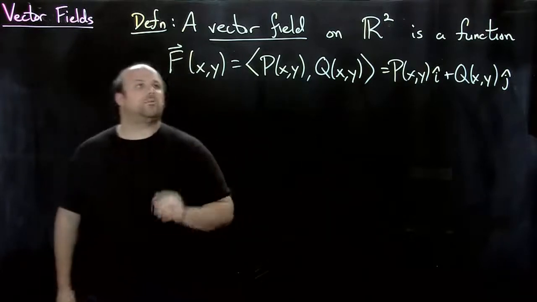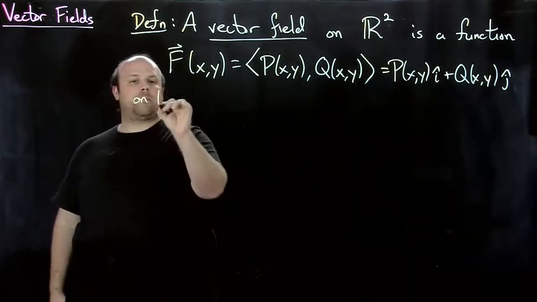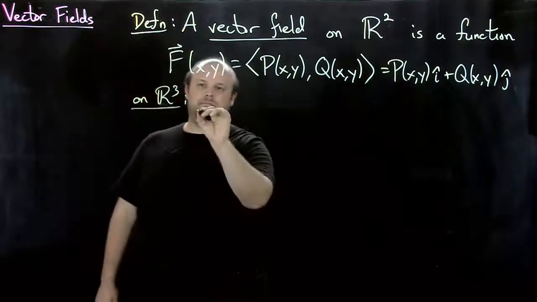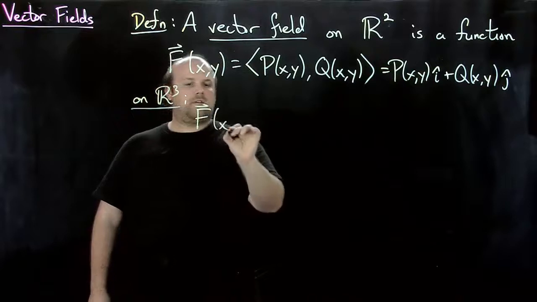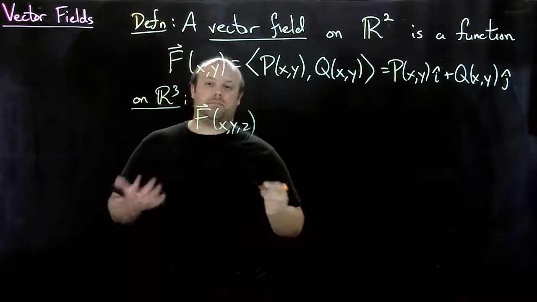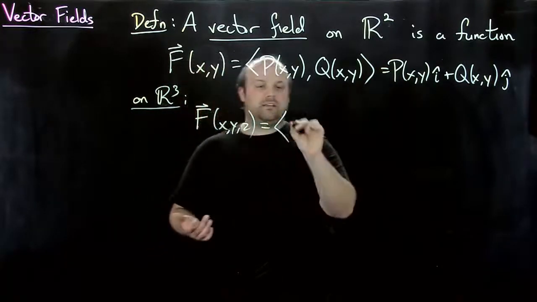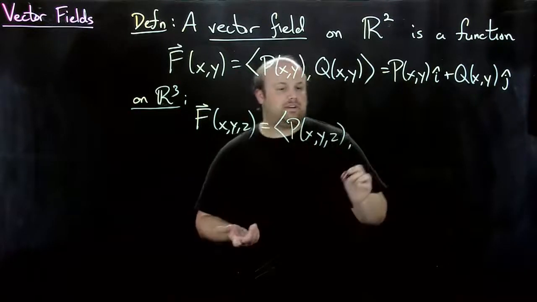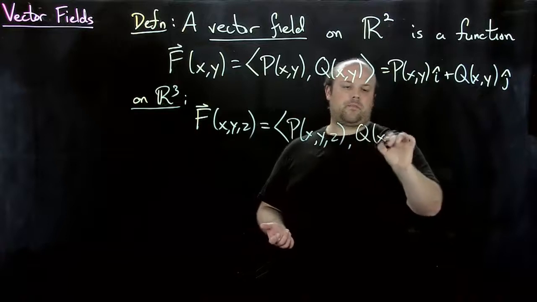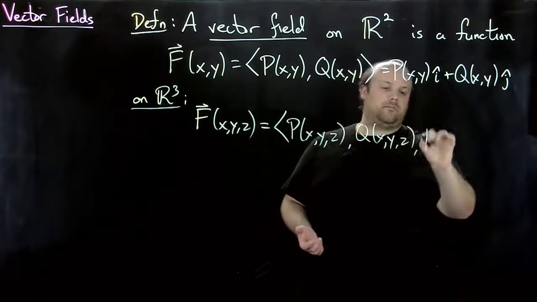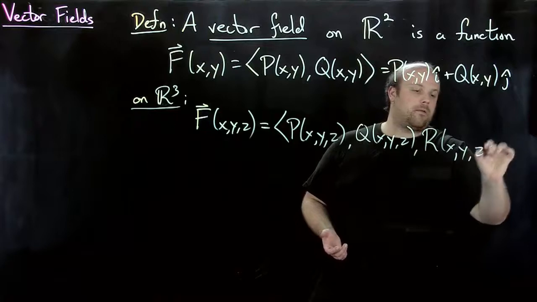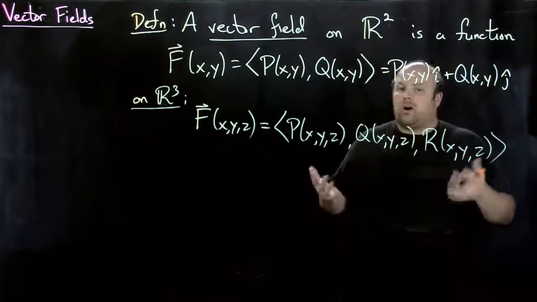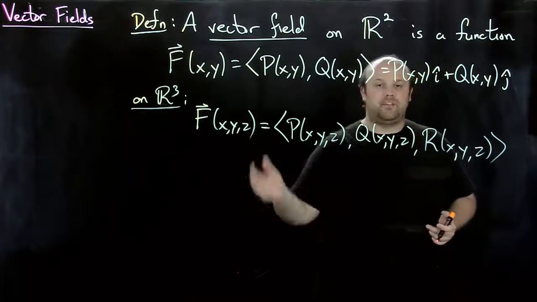But what about on R3? Well, it's a function that takes in a point from 3D space and spits out a 3D vector. And the three components of that vector all can depend on the point you plug in.